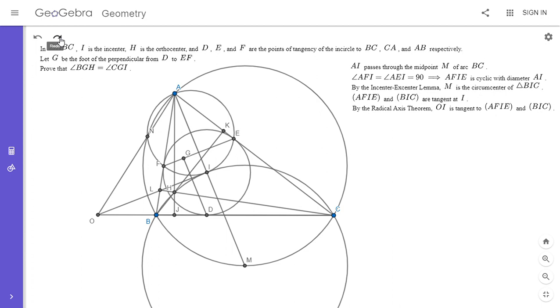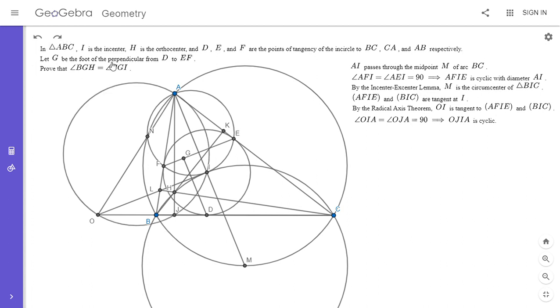All right. And once we know that OI is tangent to those two circles, since AI is the diameter, that means that angle OIA has to be 90 degrees. So we have angle OIA is 90 degrees, and angle OJA is 90 degrees, and so OJIA is a cyclic quadrilateral. So I'm going to draw that in.